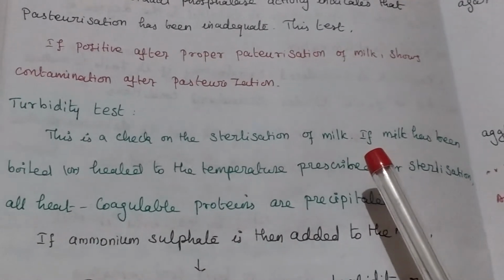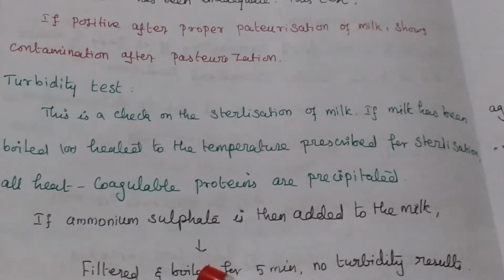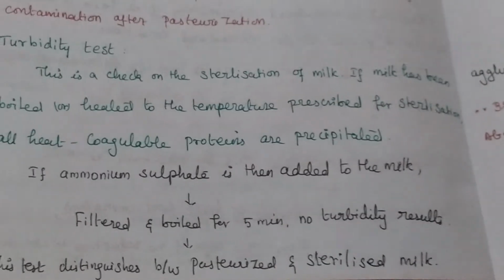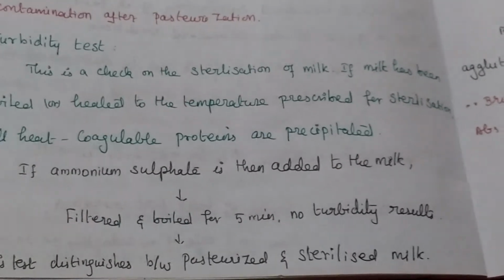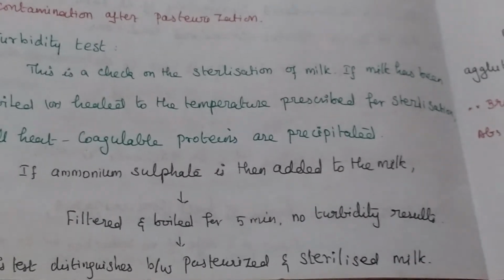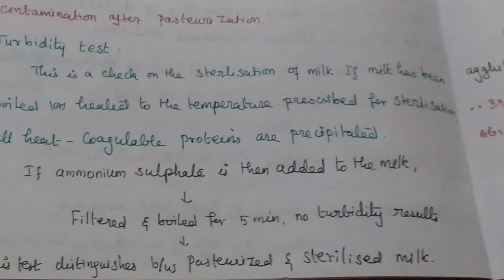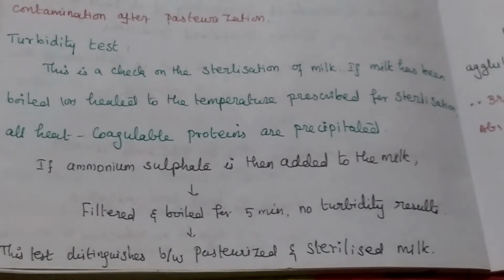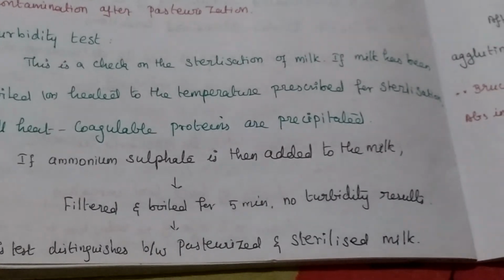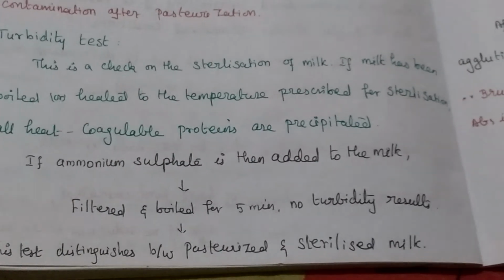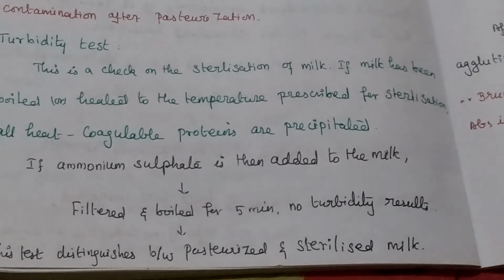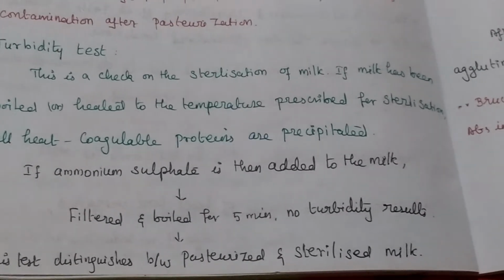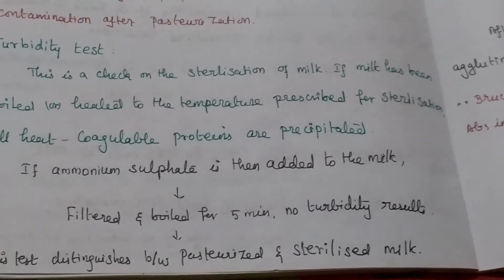Here milk is boiled or heated. Then ammonium sulfate is added to the milk, filtered and boiled for 5 minutes.